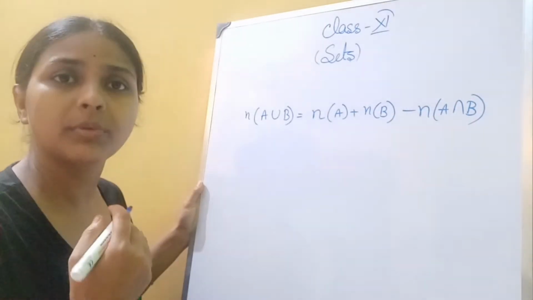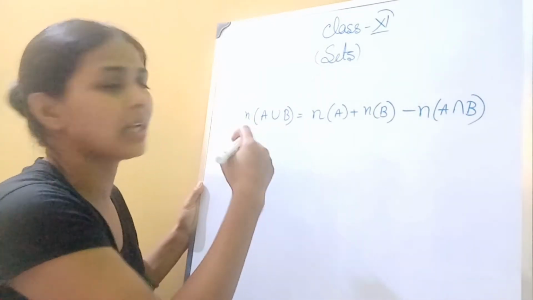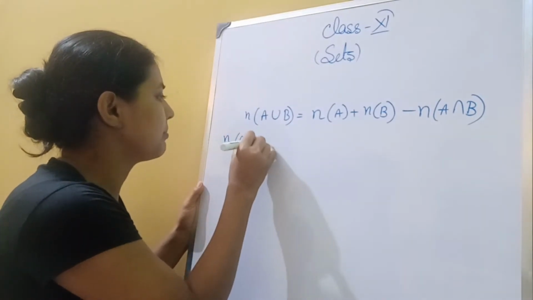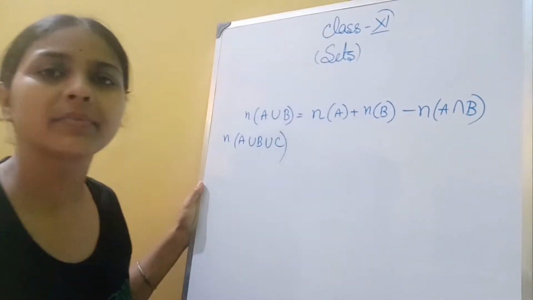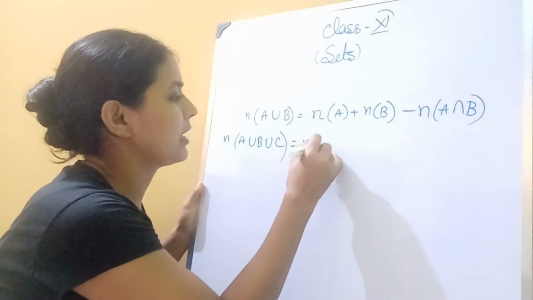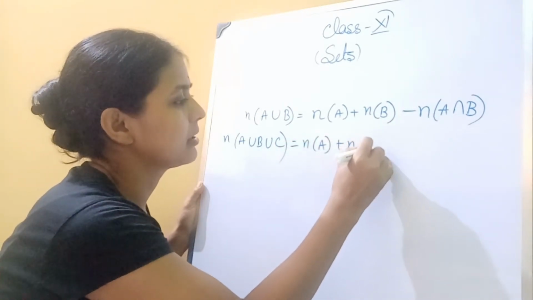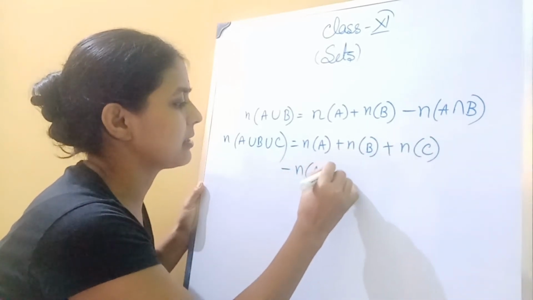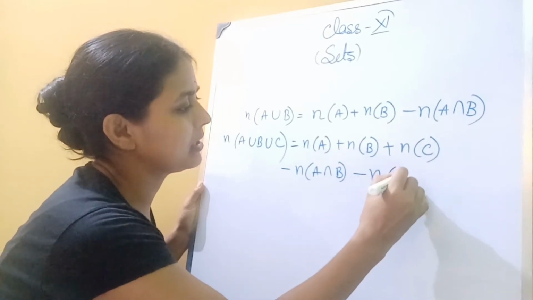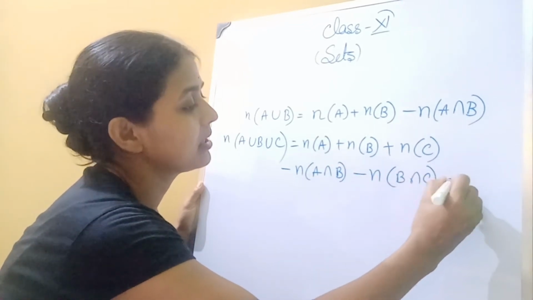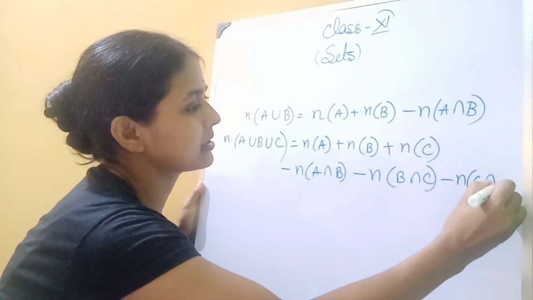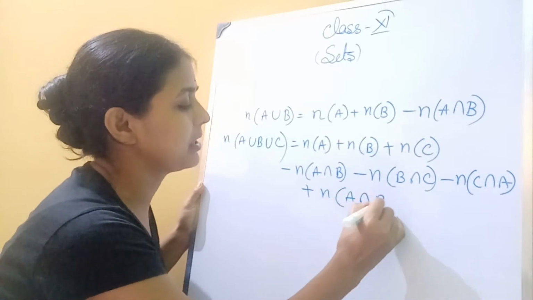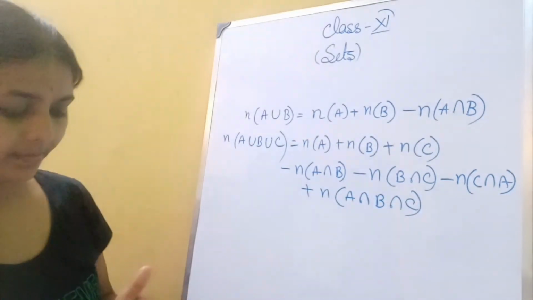Now as its extension with 3 sets: n of A union B union C equals n of A plus n of B plus n of C minus n of A intersection B minus n of B intersection C minus n of C intersection A plus n of A intersection B intersection C.